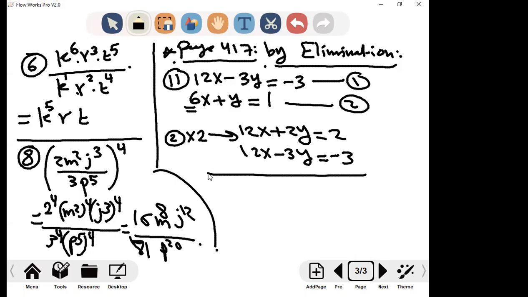Now you have a 12x, right? And we took in addition and subtraction, if you have similar signs, you put subtraction. Different signs, you put between them add, right? So here I will do what? 12x minus 12x, 0.